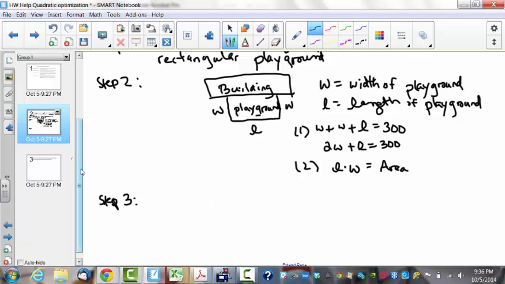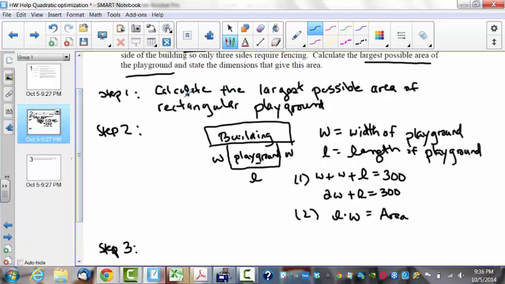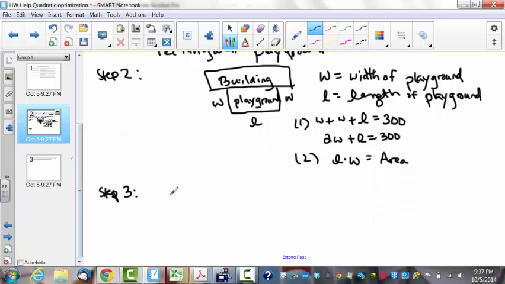Okay. Step 3. What we want to do is calculate the largest possible area. So we're going to go ahead and write area equals length times width. Now we want to get it in terms of one of the variables, so we're going to have to write width or length in terms of the other. It seems like it'd be easy to isolate the length here because it's by itself already.